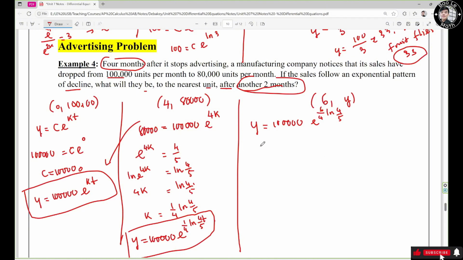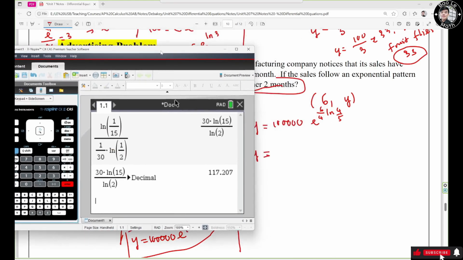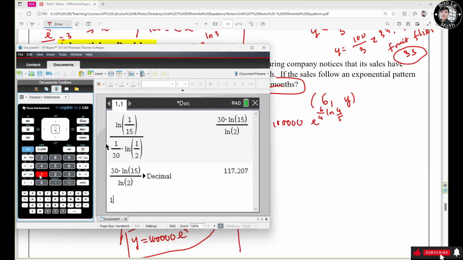Alright, now y equals, I'm going to use the calculator to calculate this one. So it could be 100,000 times e raised to the 6 over 4, which is 3 over 2, times natural log 4 over 5.